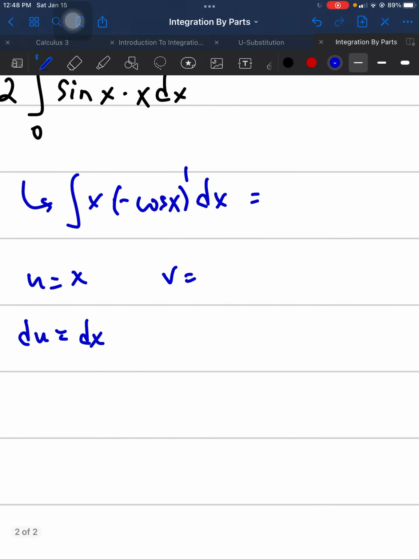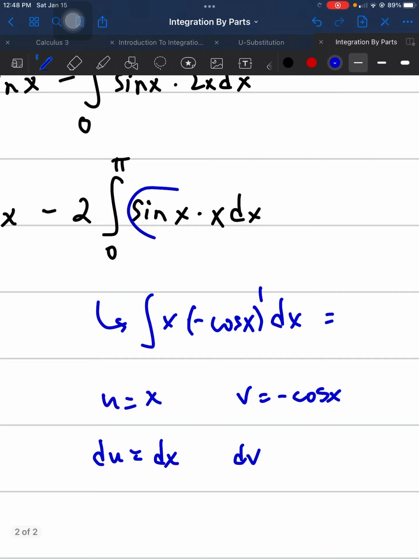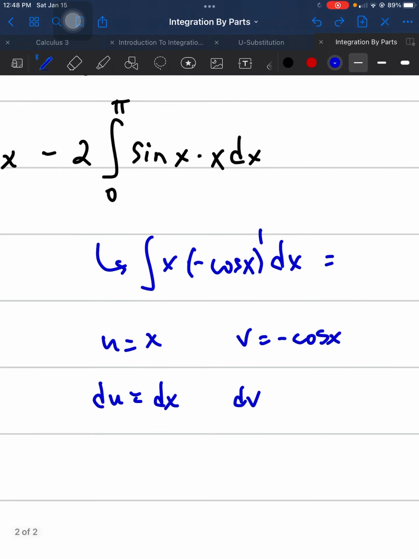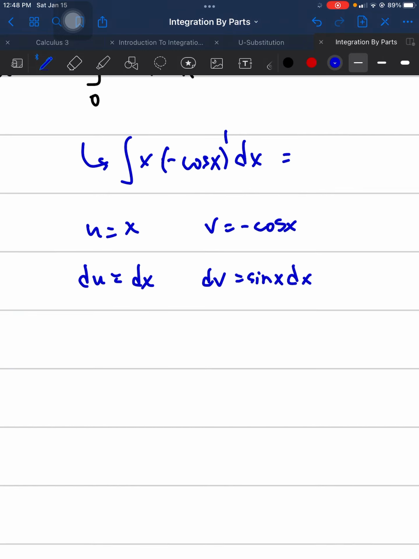We know v is going to be negative cosine x, and dv was originally sine x dx.